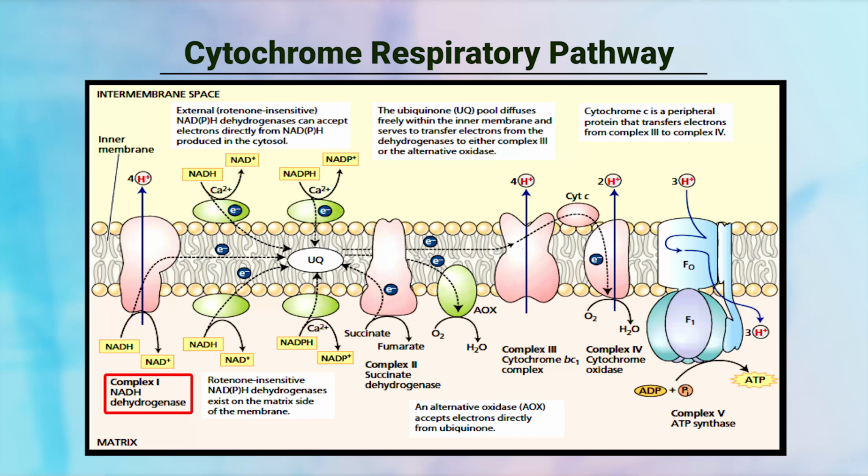A proton is transported by complex 1 to the inner membrane space, whereas 2 electrons are transported within the inner membranes by ubiquinone, which at its reduced state, that is QR, transfers these electrons either to complex 3 or to another protein known as the alternative oxidase or AOX. Ubiquinone is a point at which the reactions can proceed in different ways. That is why it is called the branch point.